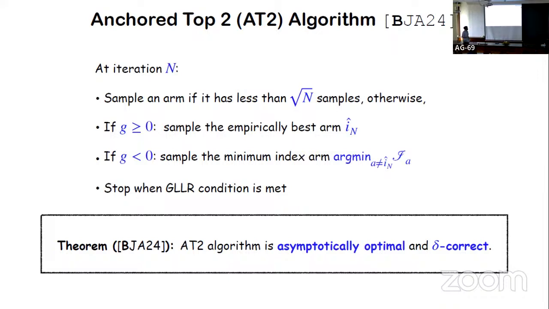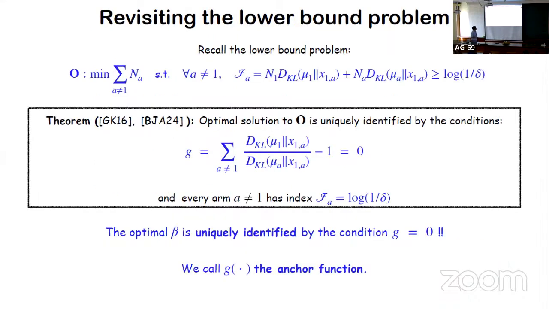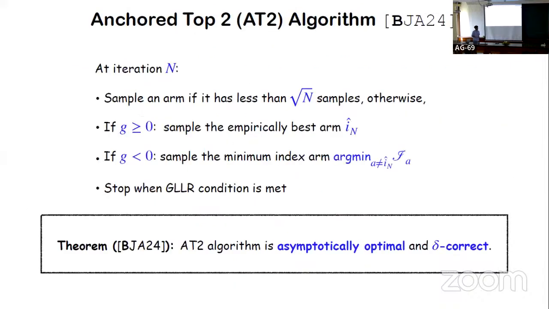Because of this sampling strategy, whenever I give samples to the empirical best arm, this anchor function comes closer to 0, and when I give samples to the alternate arms, it increases, so at every iteration, this sampling strategy ensures that the anchor function is pushed towards 0, and also just by pulling the minimum index arms, that ensures equality of the indexes. So the sampling strategy actually converges to these optimality conditions, but proving this in this non-fluid setting is very difficult.